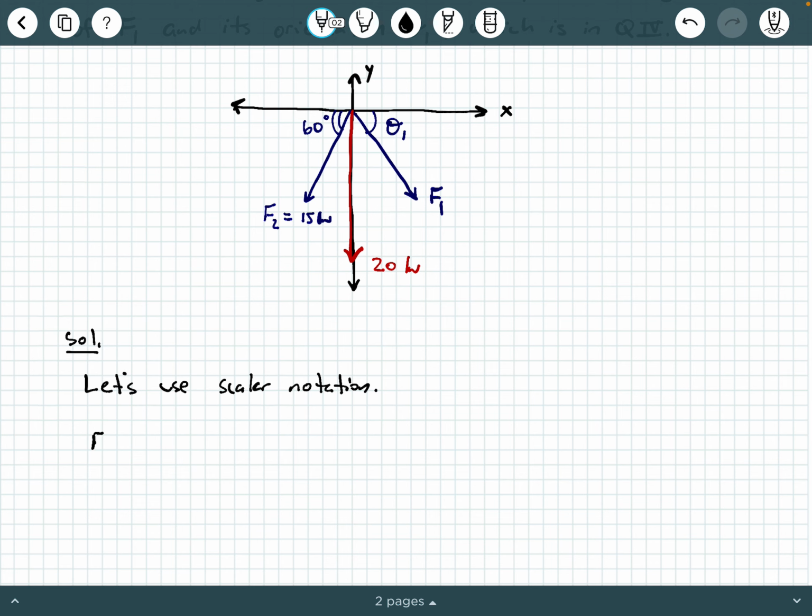So we're going to say FRX is equal to the sum of the x components, okay? Now, here's the thing. Do we know FRX? Do we know something about FRX at this point? Yeah, absolutely.